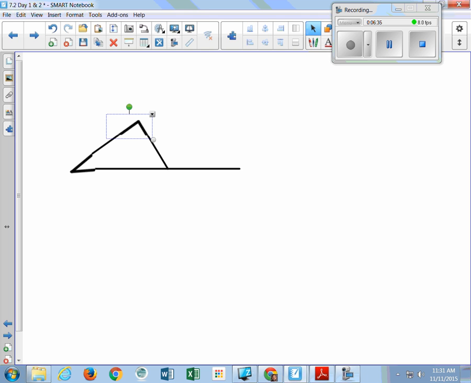Now we said earlier that these are remote interior angles. The exterior angle theorem says if you take the two remote interior angles and add them together, they will equal the exterior angle. So if I take these and rotate them and put them in there like this, they equal that exterior angle.